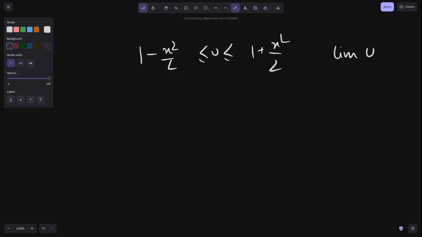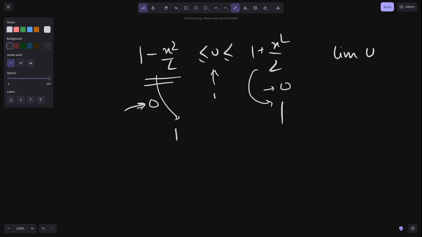How do I find that? Let's say at 0, when x tends to 0, the limit for this is 1, and the limit for this is 1, then the limit of u will also be 1.